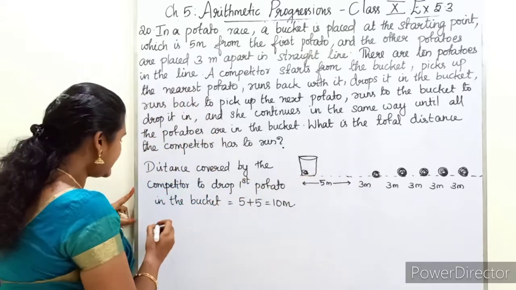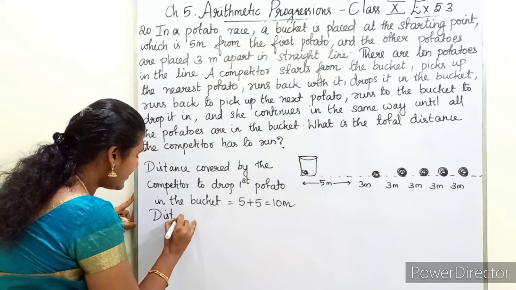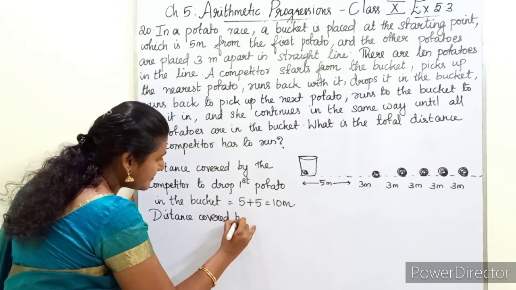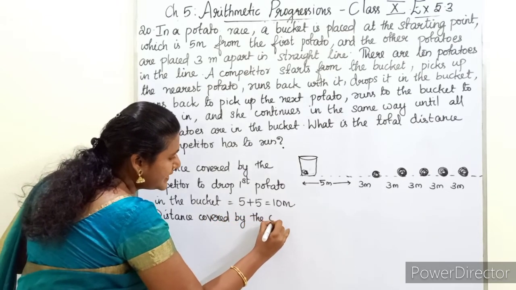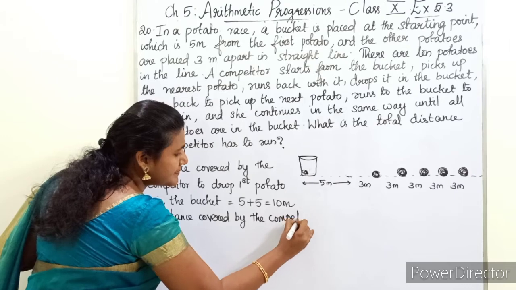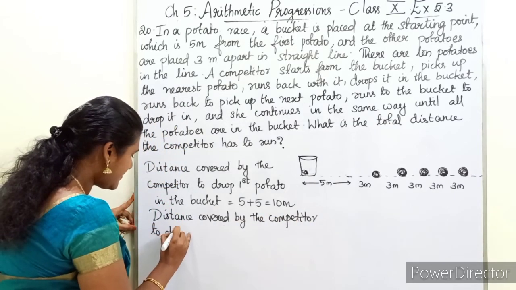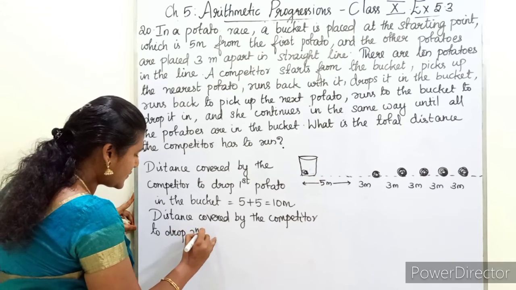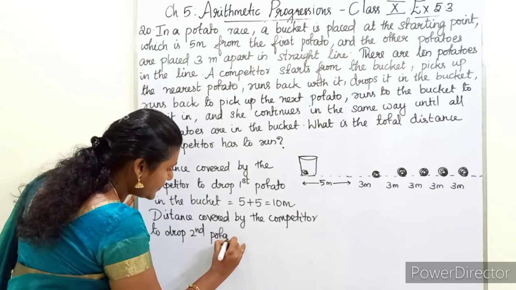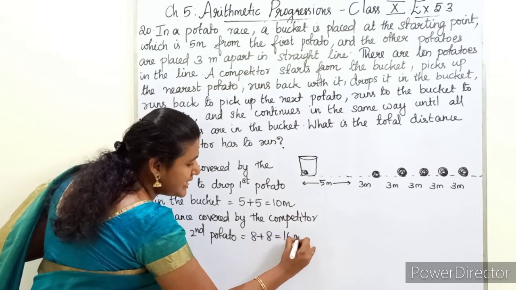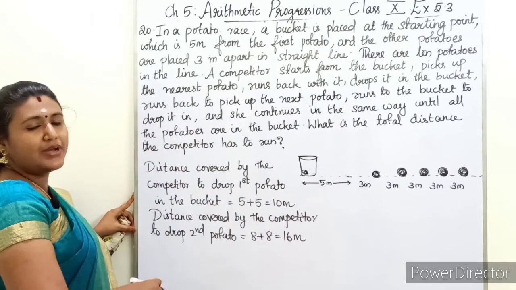So the distance covered by the competitor to drop the second potato is equal to 8 plus 8 is equal to 16 meters. So this is how it goes.